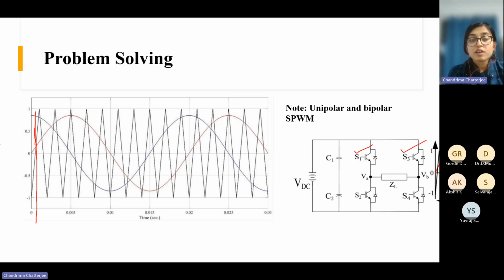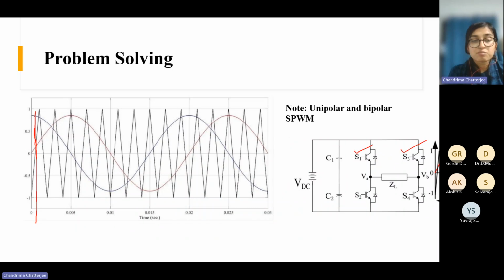Why? Because now both the reference signals are higher than the carrier signal. So you can understand the voltage across the load will be zero, right? The voltage across the load will be zero because this is also on and this is also on.